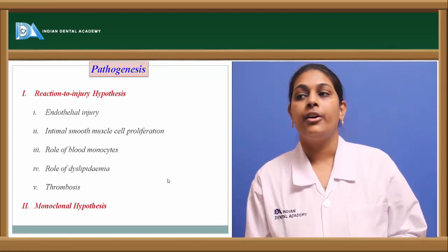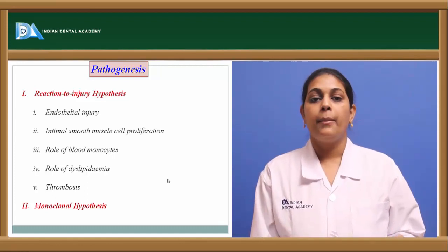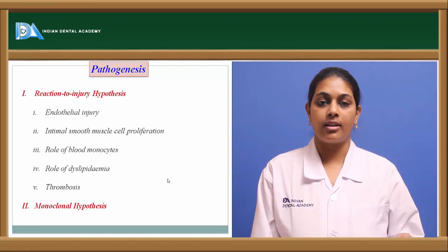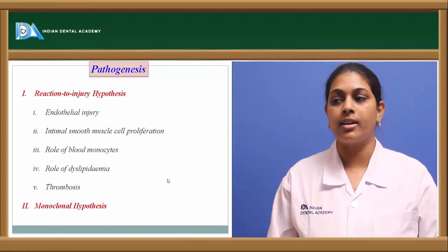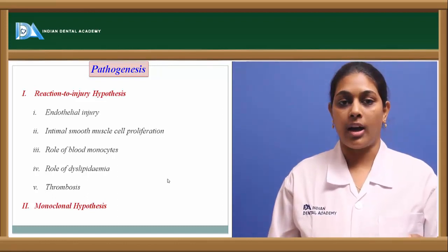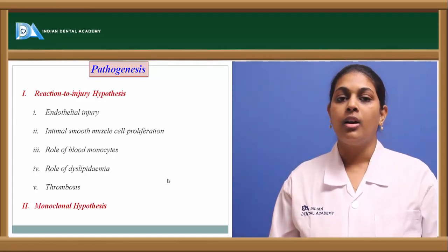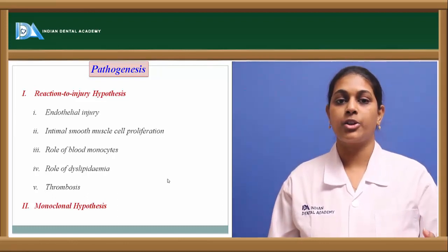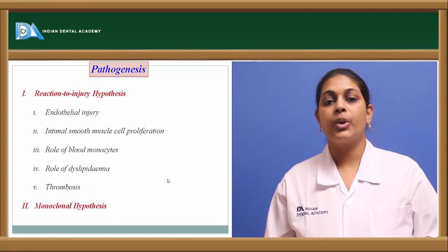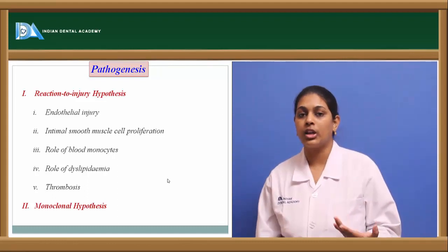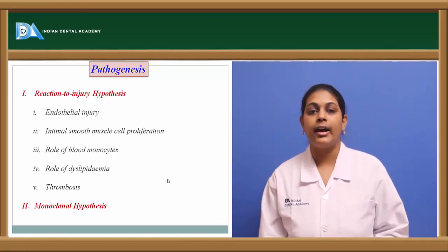Next coming is the reaction to injury hypothesis. It is based on the sequential changes which result in an atherosclerotic plaque or atheroma. We see that first it is usually initiated with an endothelial injury.